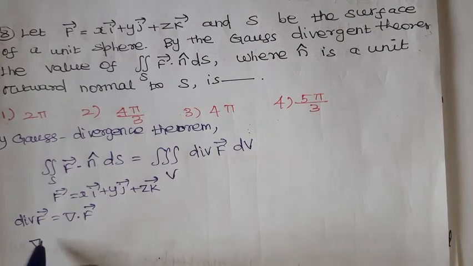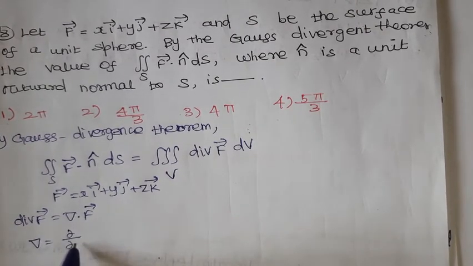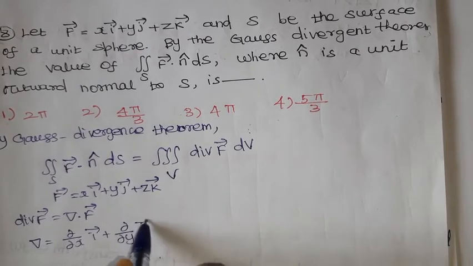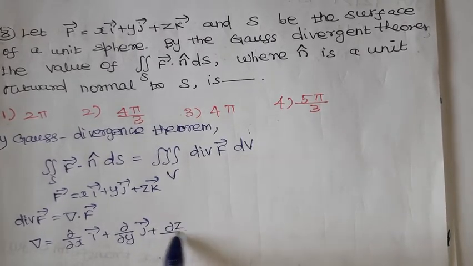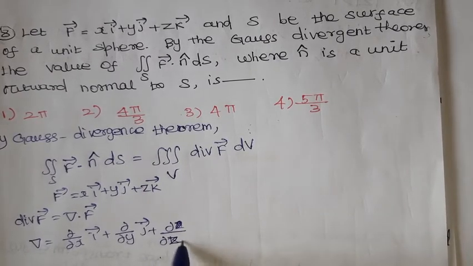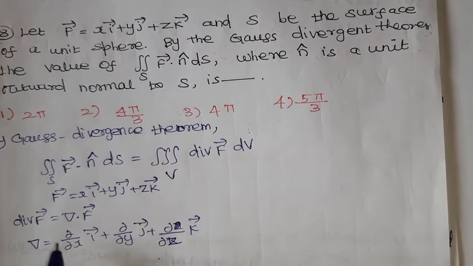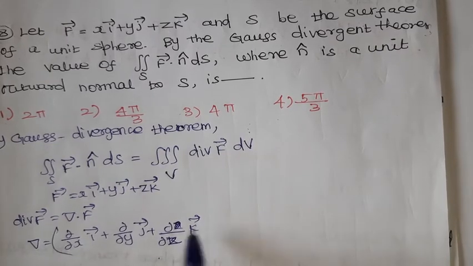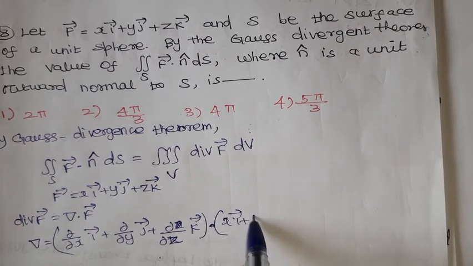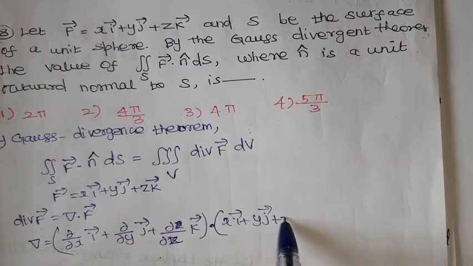In general, del is dou by dou x of the i vector plus dou by dou y of the j vector plus dou by dou z of the k vector. So del dot F, where F is xi plus yj plus zk.